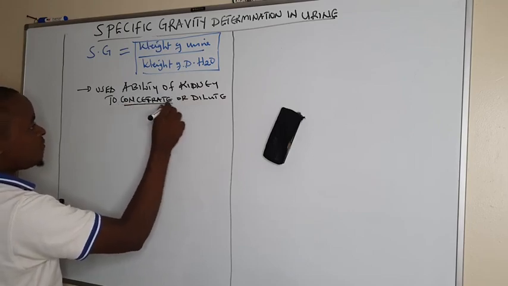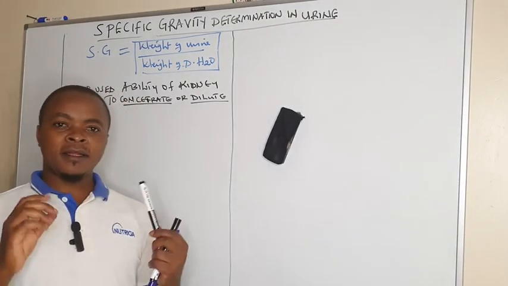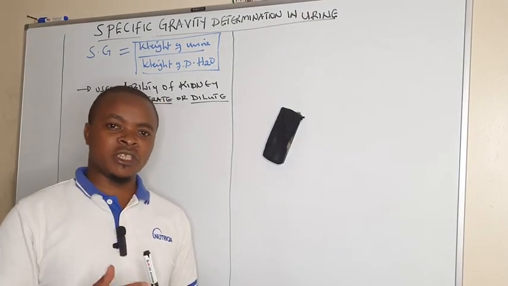So we are measuring the function. Is the kidney able to dilute urine or able to concentrate urine?